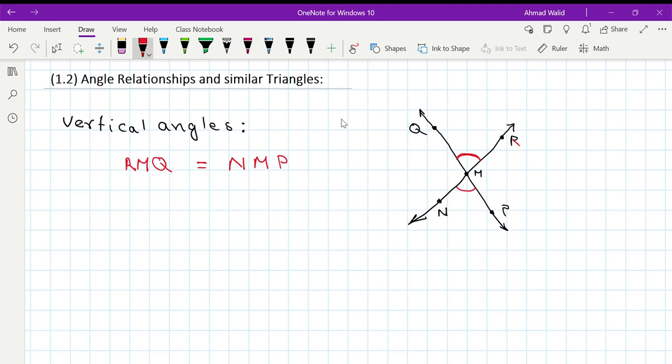Or also, look at these two. Let's talk about these two also. Again, QMN or NMQ, and also this angle on this side, which is PMR, right?